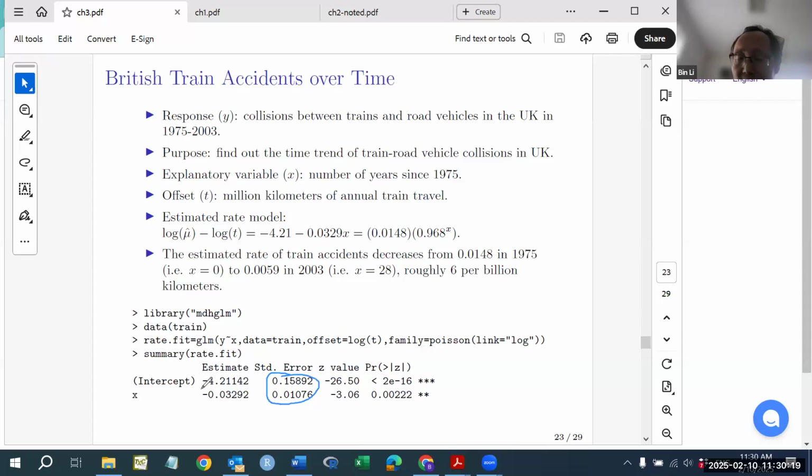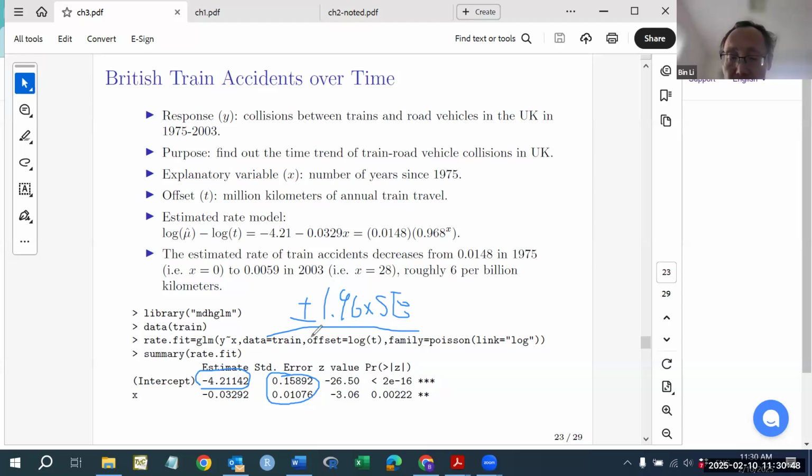We just use the point estimate plus or minus the critical value times the standard error, which is 1.96 for 95% confidence. That is the confidence interval based on the Wald approach.